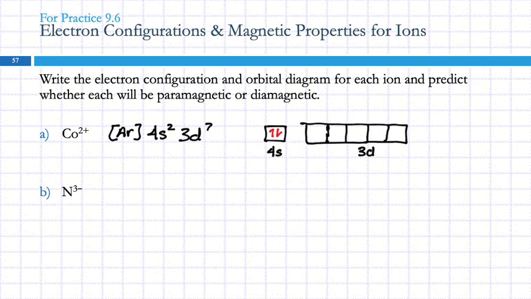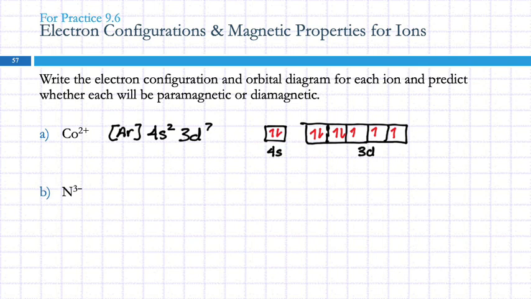And there was 7, right? 1, 2, 3, 4, 5, 6, 7. That's the atom, right? Is a cobalt atom paramagnetic? Diamagnetic means they're all paired up, 2 by 2 by 2. It's not diamagnetic, so this atom is paramagnetic.